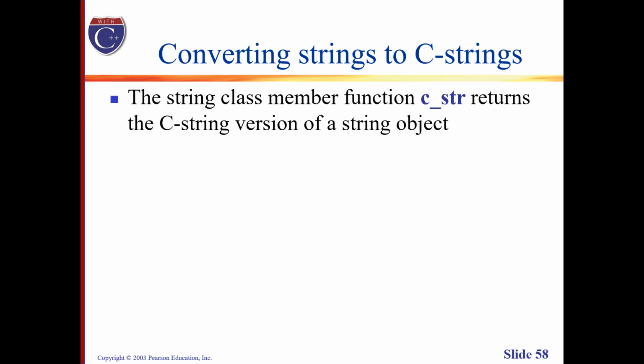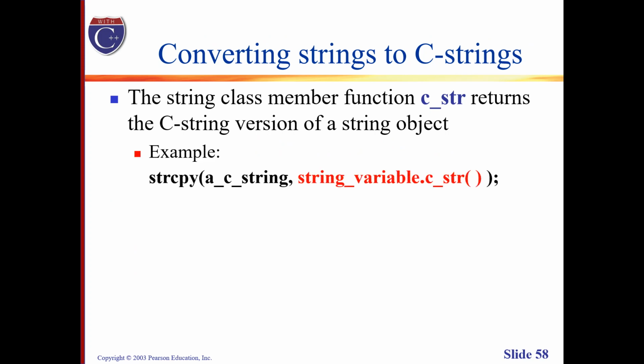The string class member function c_str returns the C-string version of a given string object. Here's an example. As you can see here, we use the strcpy function to do the conversion from the original string, and of course, by the use of this, we will be able to convert strings to C-strings using the c_str member function.